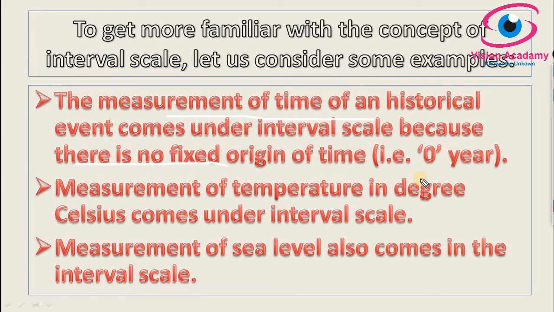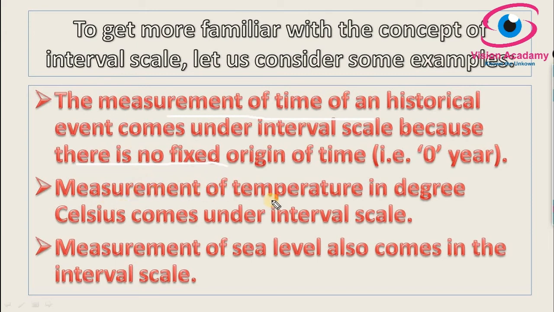These calendars have different origins of time. That means the 0 year is not defined. In Indian history, we may quote like before Christ or after Christ. In the year we cannot define the 0 year, so it falls in the interval scale.